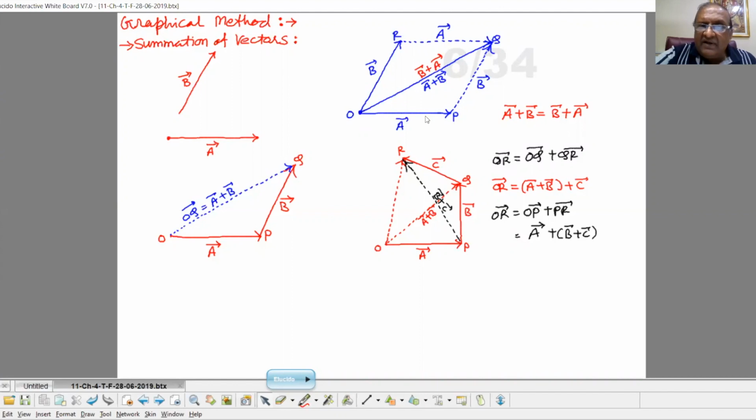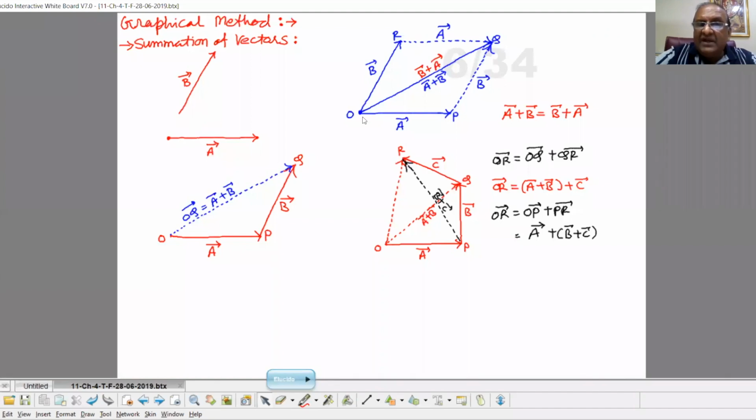Here, vector OP, that is vector A, and vector OR, that is vector B, are both represented from the common point O. Now, by considering vector A and vector B as two adjacent sides, prepare a parallelogram.